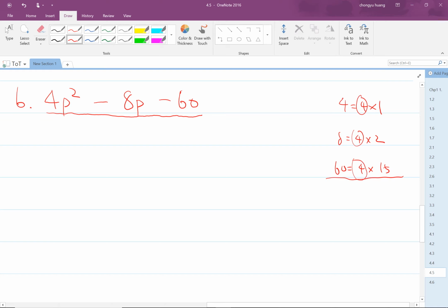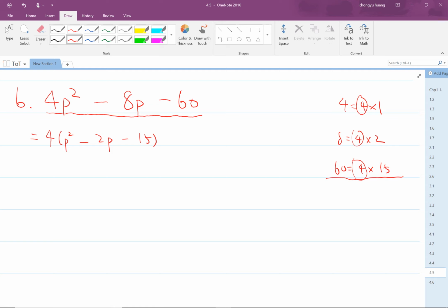So you can factor out 4 before you do any method. Then it becomes p squared minus 2p minus 15. First of all we factor out 4, because 4 is the greatest common factor among those 3 terms.